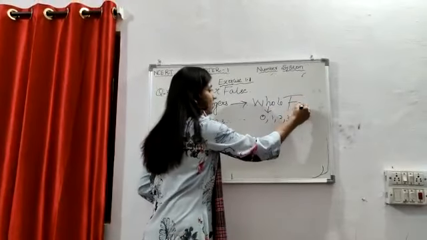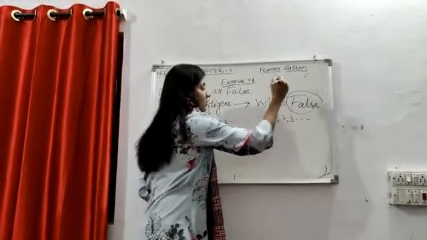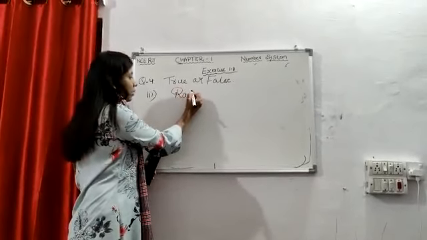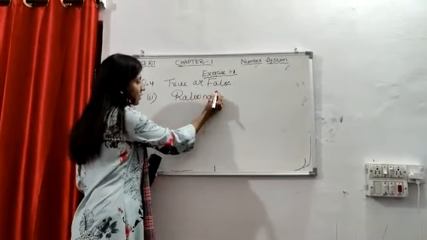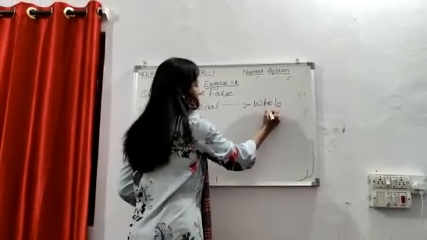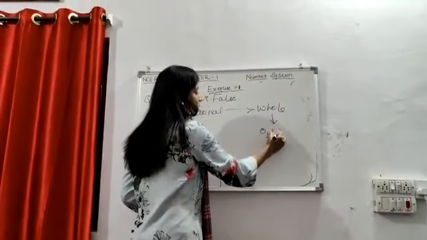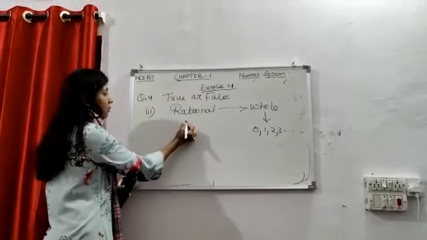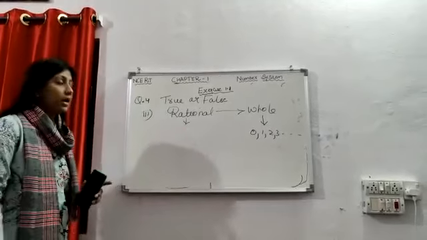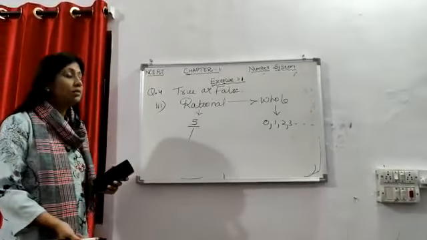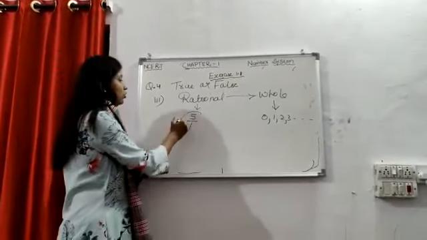The third one is, every rational number is a whole number. Is it true or false? Again, we know that whole numbers start from 0, 1, 2, 3, and a rational number is any number of p by q form. If I say 5 is a rational number, it can be represented in p by q form and it is also a whole number.